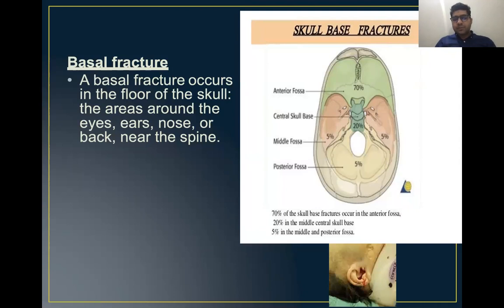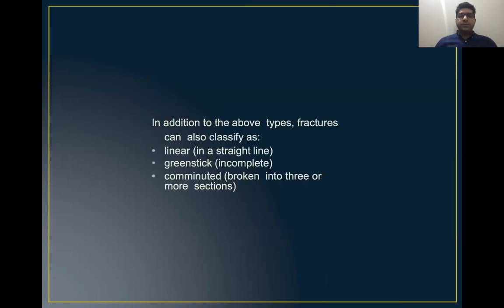This can also lead to hematoma formation or bleeding from the ears, and raccoon eyes, which is a hematoma formation in front of the orbit that shows as black-colored eyes. 70% of skull base fractures occur in the anterior fossa. 20% occur in the middle central skull base, and just 5% occur in the middle and posterior cranial fossa.